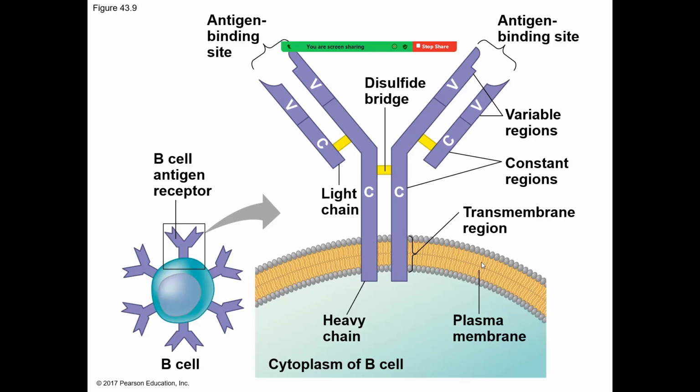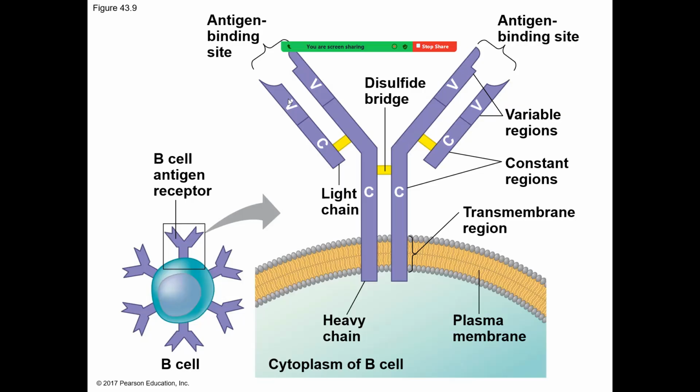Now you can also see that not only do we have two heavy chains and two light chains on my antigen receptor, but I have C regions, which are the constant regions. That's the regions all at the bottom here, okay? And the V region, which is the variable region of both my heavy and my light chains.